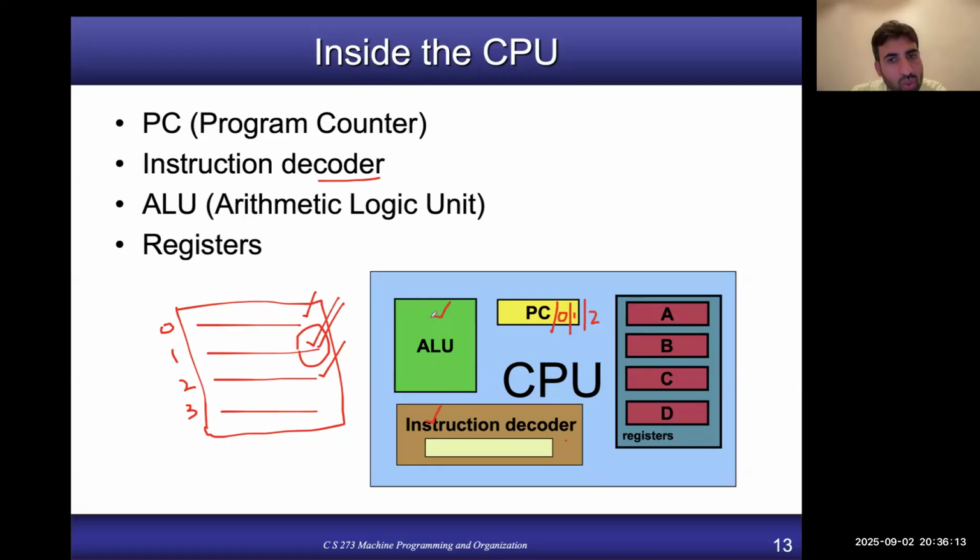The job of the ALU is to perform that operation. For example, the actual addition of the contents of R1 and R2 will be done by the ALU. The arithmetic logic unit will do both kinds of operations: arithmetic operations like addition, subtraction, and multiplication, and also logic operations like AND, OR, NOT, exclusive NOR, and so on.